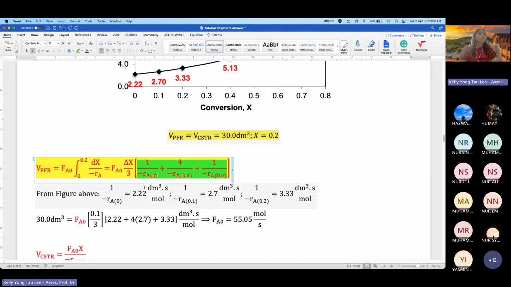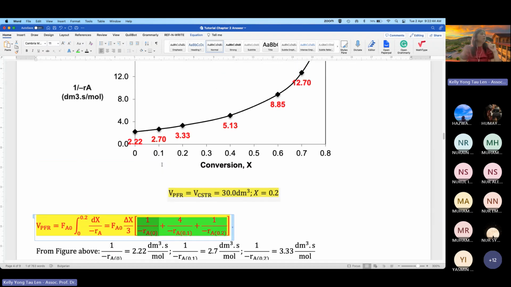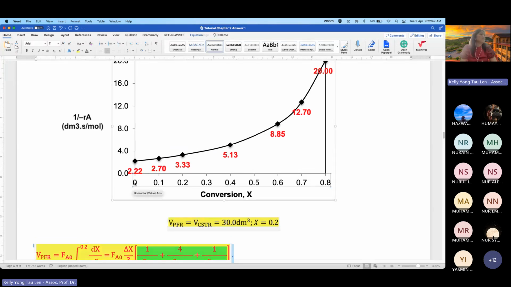From this question, the initial X is 0. That's why the first point will be 1 per minus RA when my X is 0. You can even go to the Levenspiel plot and check: when my X is 0, my 1 per minus RA is 2.2.